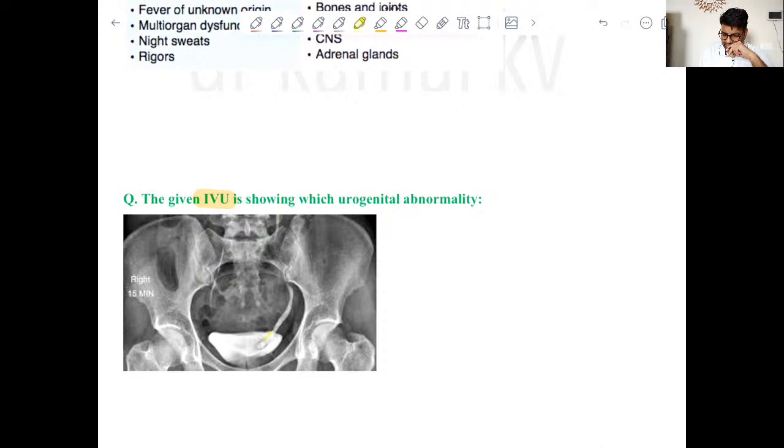This is the typical cobra head appearance, right? When you get the word cobra head appearance or adder head appearance, the answer will be ureterocele.